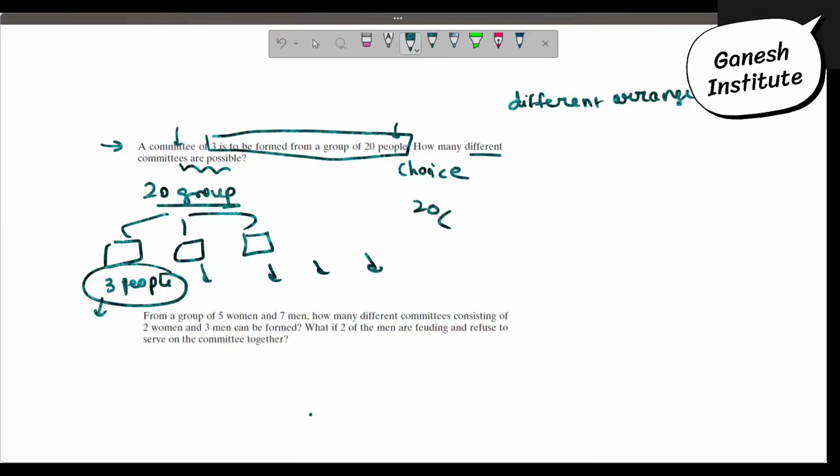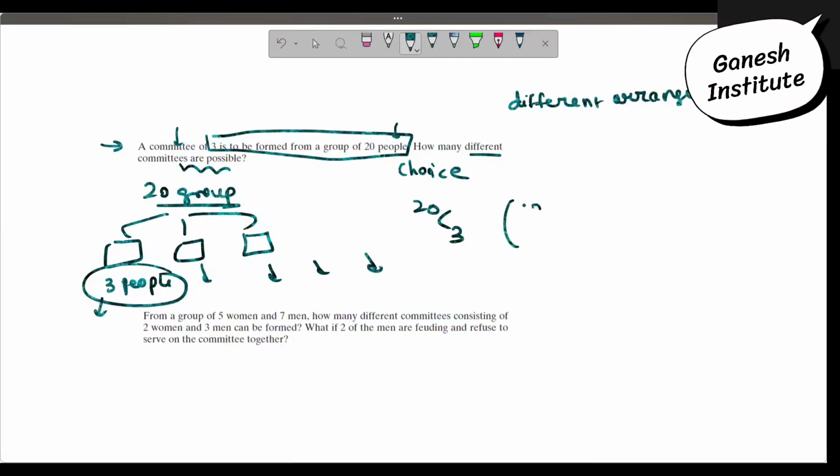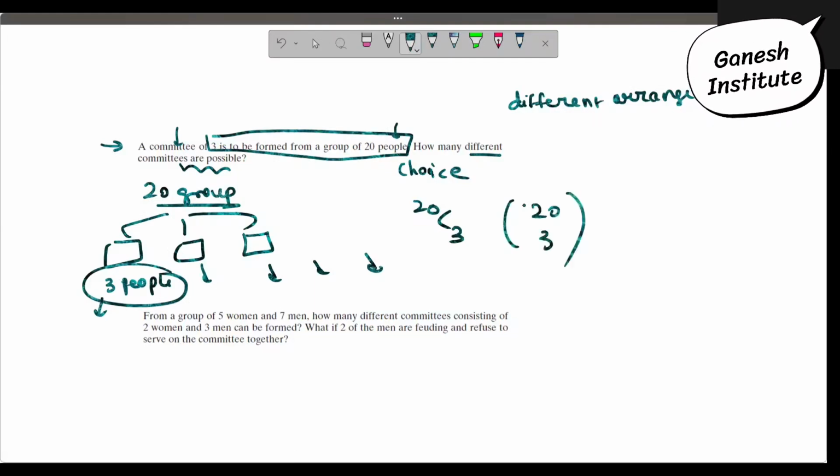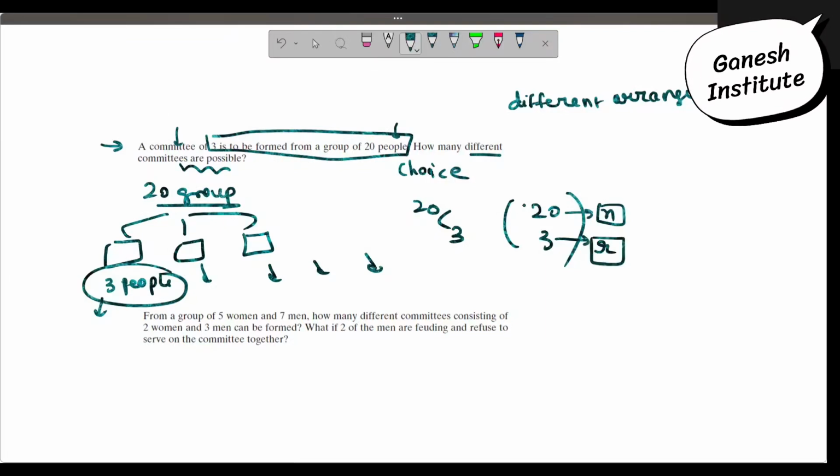It will be 20C3, combination. Combination can also be written in this way, with a bracket, 20 over 3, where this is N, this is R, the total and the choices.